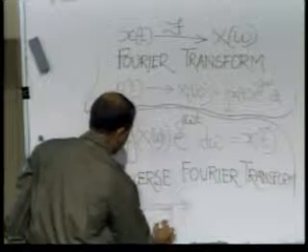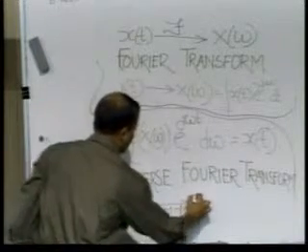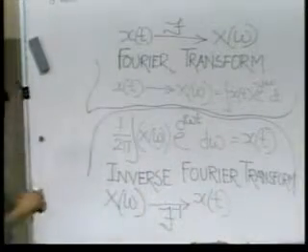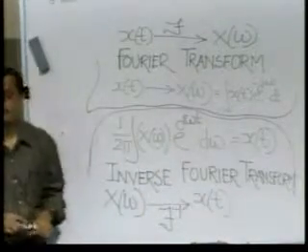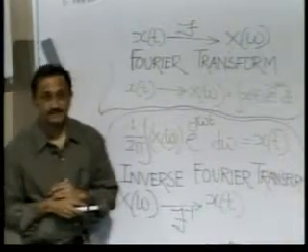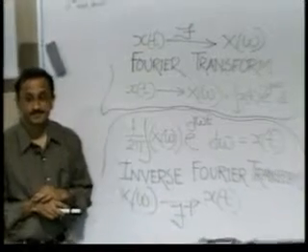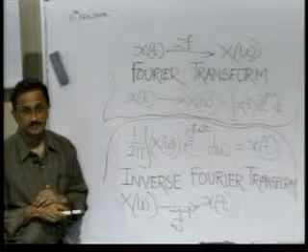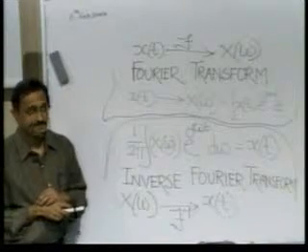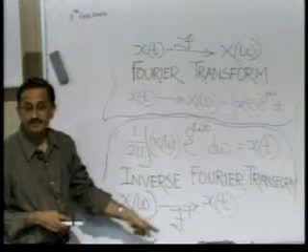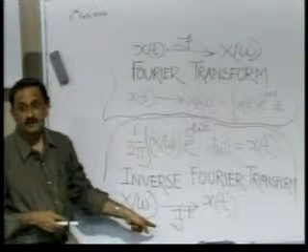So, we will write script F inverse, given by x of t. All right. So, script F is the Fourier transform, script F inverse, the inverse Fourier transform.